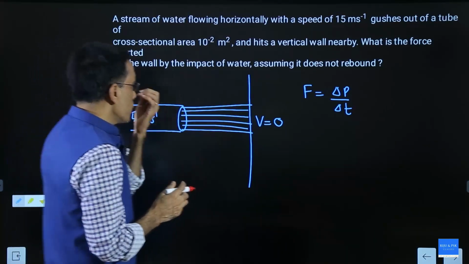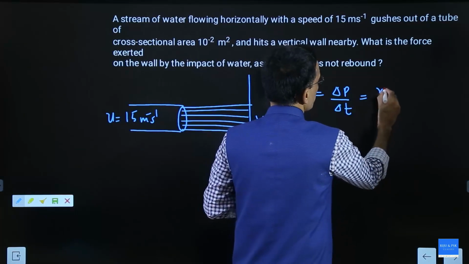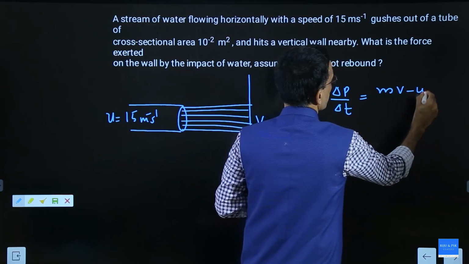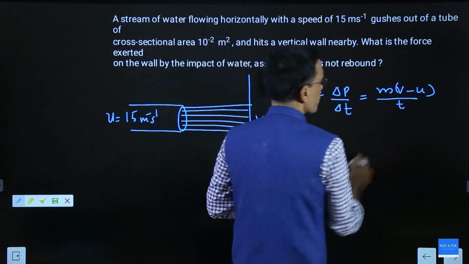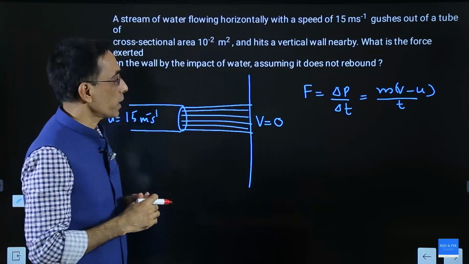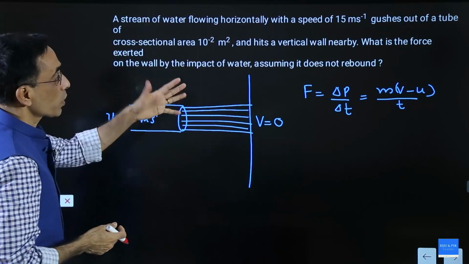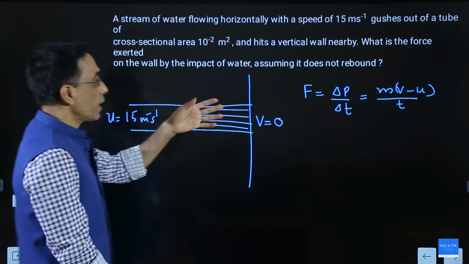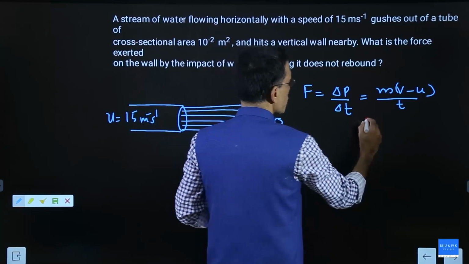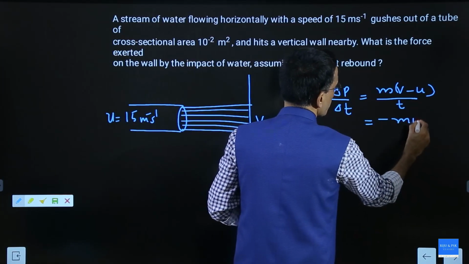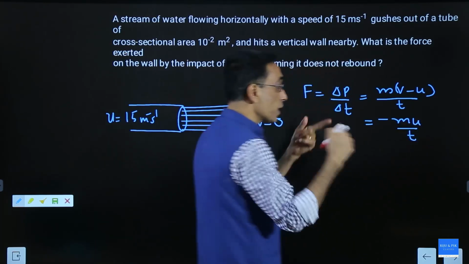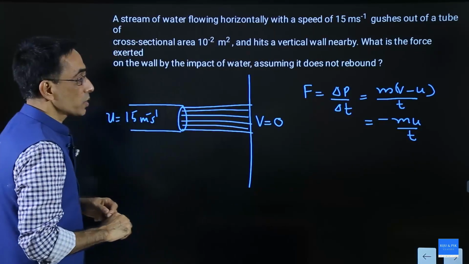Now this delta P by delta T can be calculated as m(v minus u) divided by T. Now we need to find out the mass of the water. That is not given here. You can see that final velocity is 0, so this will give you minus mu divided by T, where mu is the initial momentum.